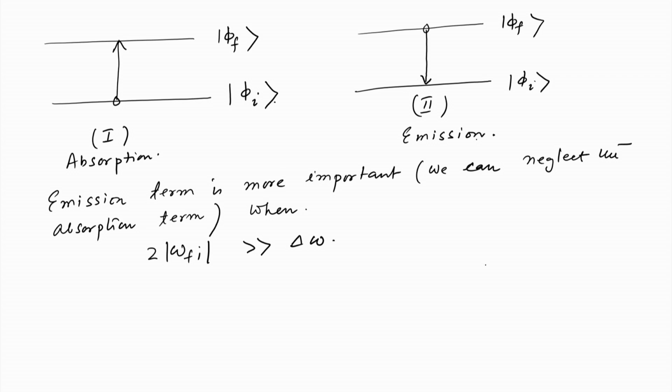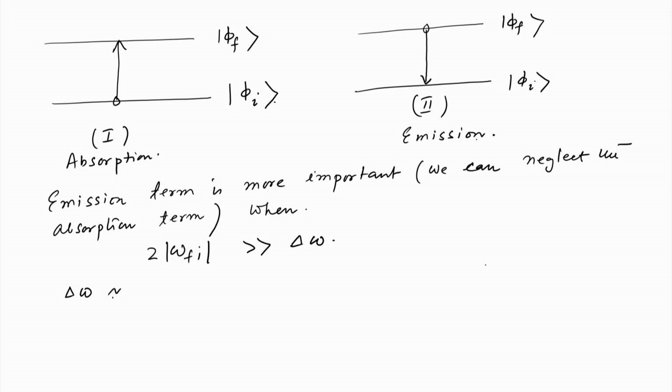Now, delta omega, that is the line width, depends on the time duration for which the perturbation is switched on. And if we simply go by an order of magnitude estimation using the Heisenberg uncertainty principle, then this can be simply written as 2 pi over t 0.